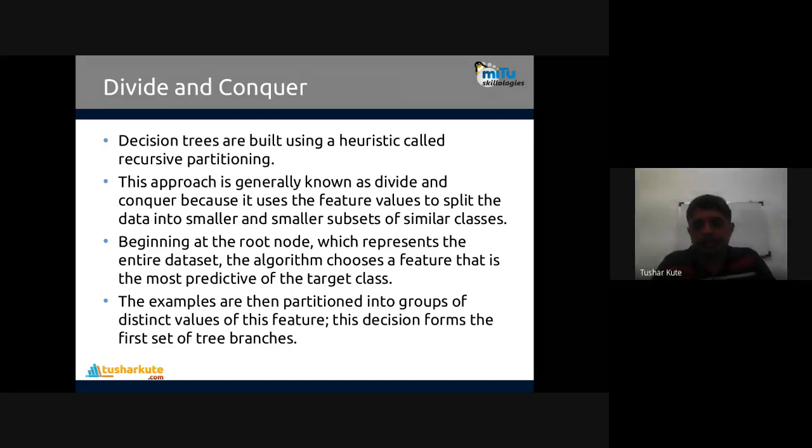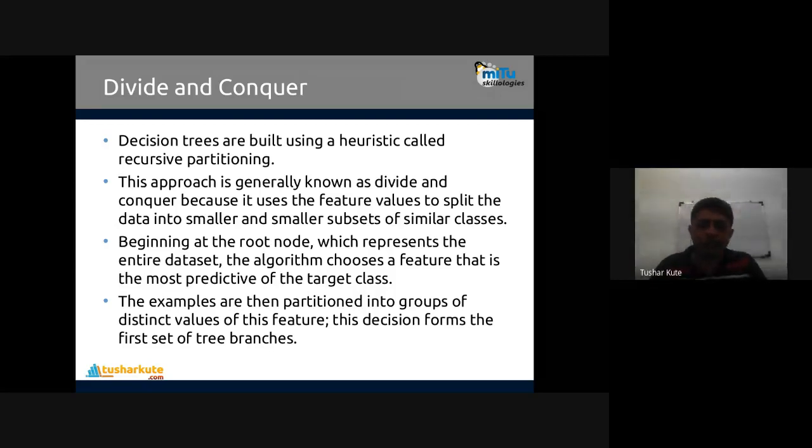This approach is called divide and conquer because it uses the feature values to split the data into smaller and smaller subsets of similar classes. You divide the problem, focus on the solution of each particular problem separately, and once the solutions are found, we combine them all together to generate the final best model from the similar data.